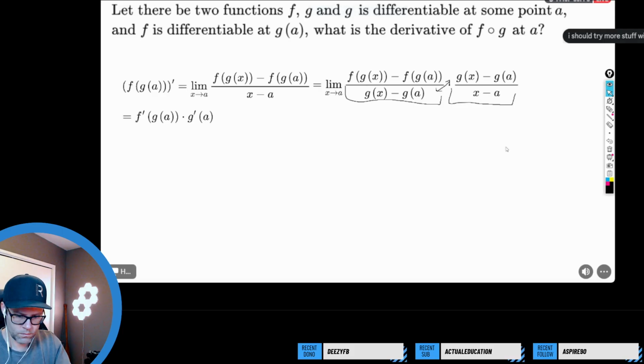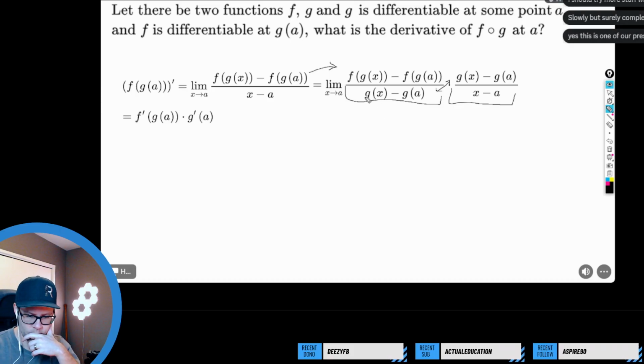But we have a very big problem, because we can't actually go from here to here, because we don't know if g of x minus g of a is actually different than 0.